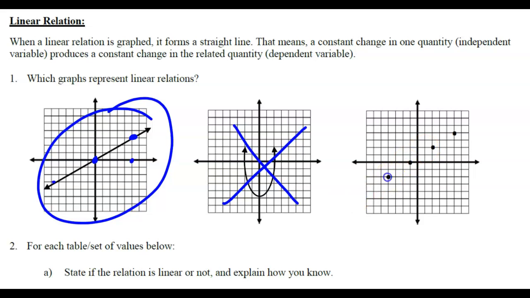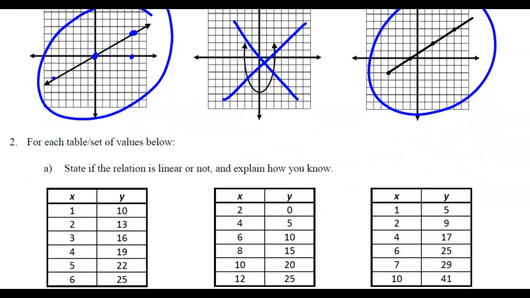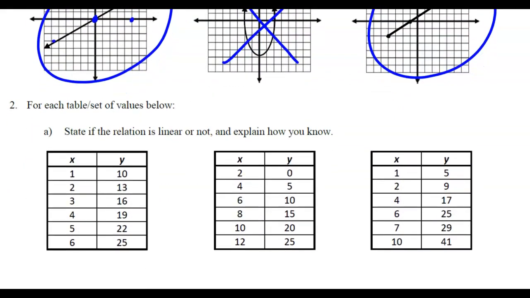Sometimes depending on the scale, it's a little bit hard to tell, but it looks like if I can be accurate with my line. There we go. All the points are on the line. So that is linear as well. Okay, so with graphs, it's really quite easy to tell.